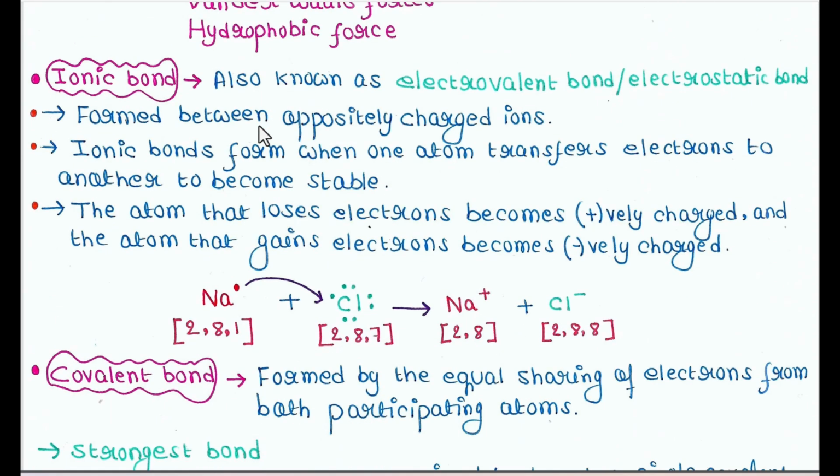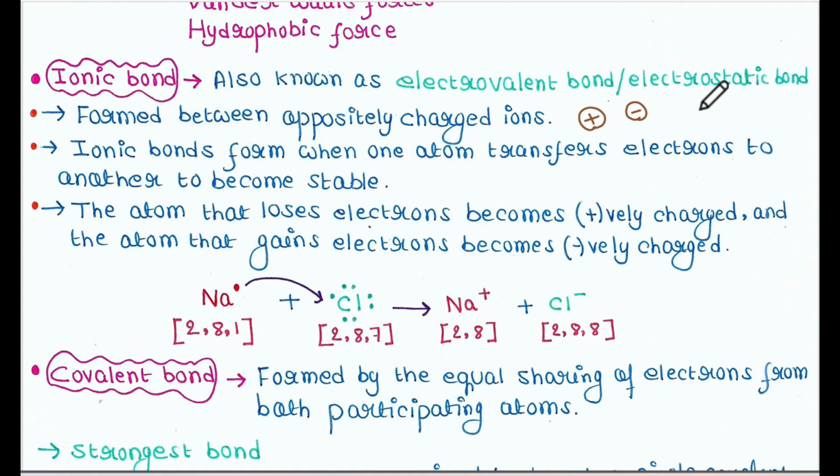This ionic bond is also known as electrovalent bond or electrostatic bond. This bond is formed between oppositely charged ions. That means one positively charged and one negatively charged atoms or ions are connected by this type of bond.